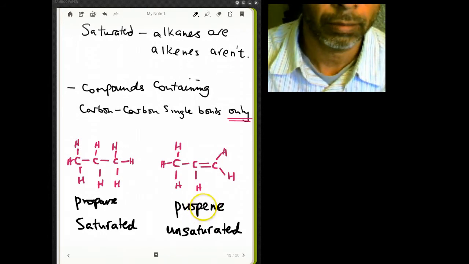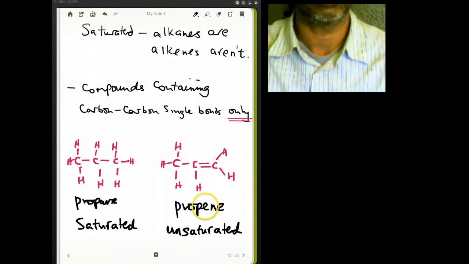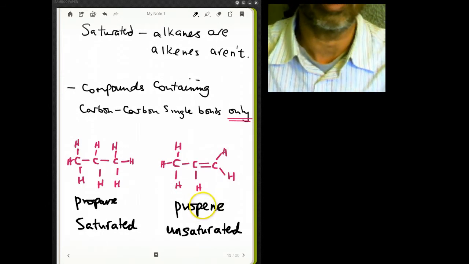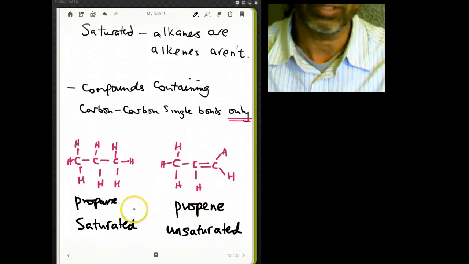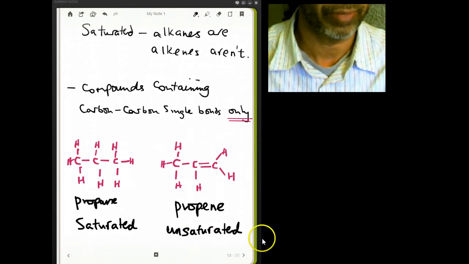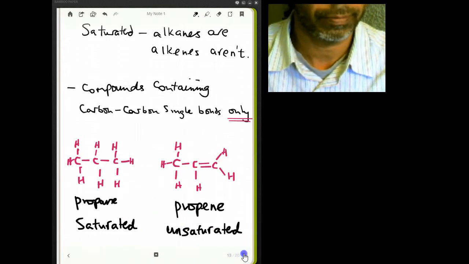If it's a gas, then you would bubble the gas into some bromine water, and the bromine water would become decolorized. If it was an alkane, nothing would happen, it would stay brown. So remember the simple chemical test.